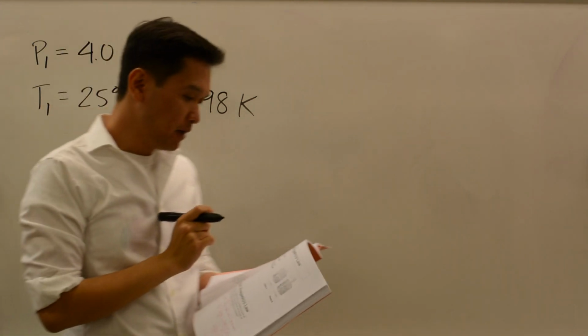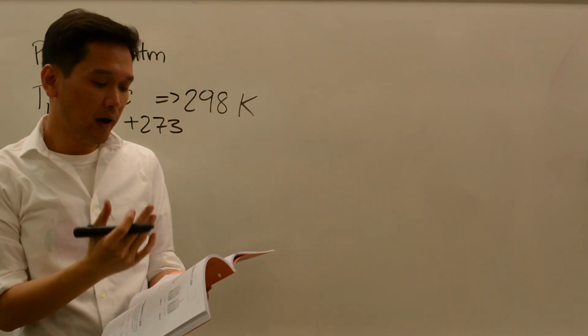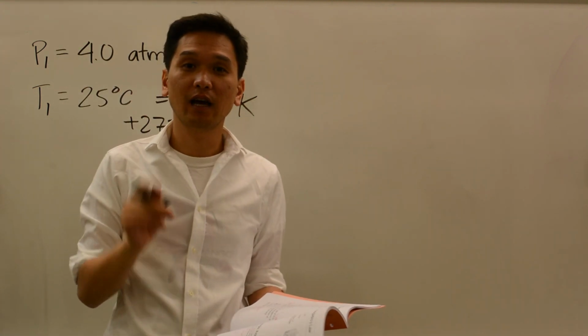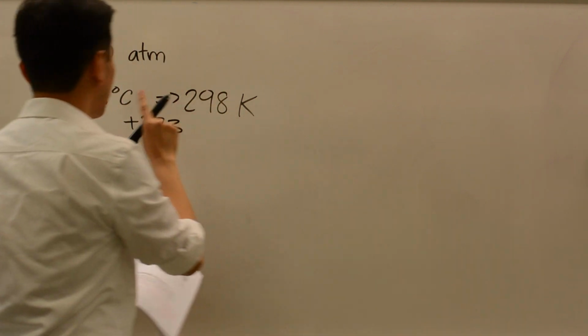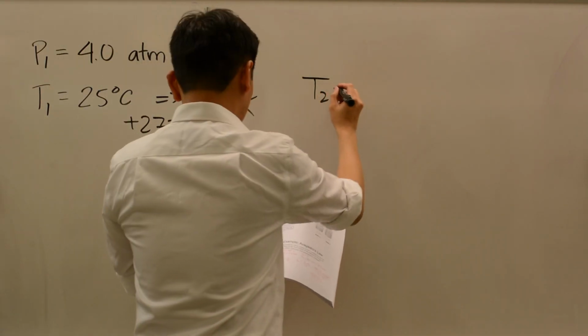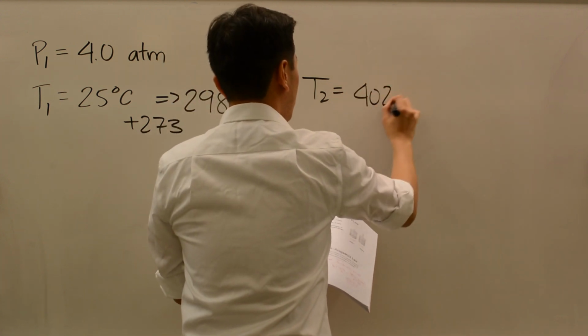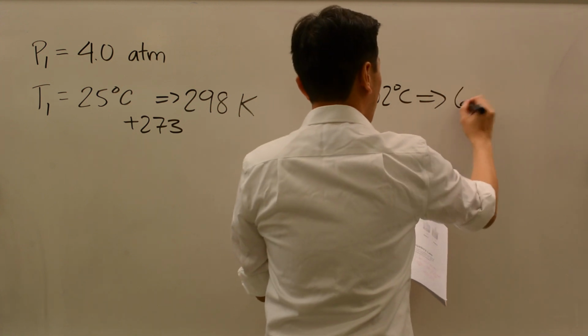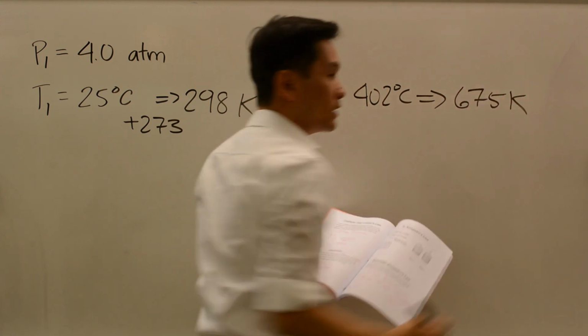Let's continue reading the problem. It is thrown into the fire, which increases the temperature of the gas to 402 degrees Celsius. So the second state has a temperature of 402 degrees Celsius. Again, converting that, we get 675 Kelvin.